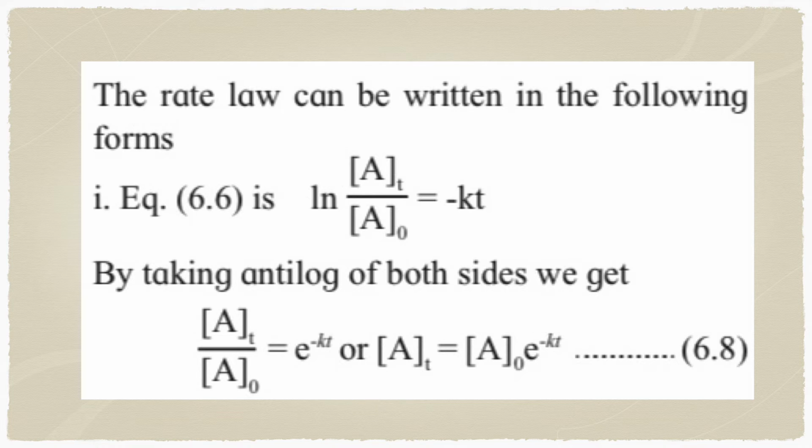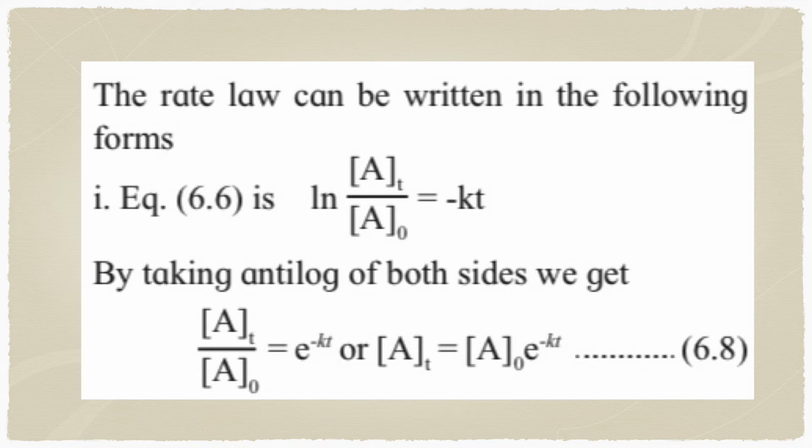So equation 6.6 is ln [A]ₜ upon [A]₀ equal to minus kt. Now what we are going to do is take the anti-log on both the sides. So the ln will cancel.